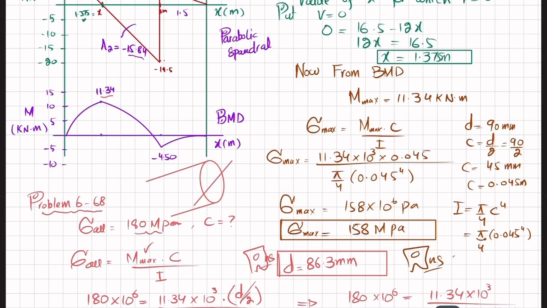So at this point we have maximum bending moment, and it will be like this, it will be like this. And similarly the same is the case for this one. You have maximum bending moment and it will be like this.